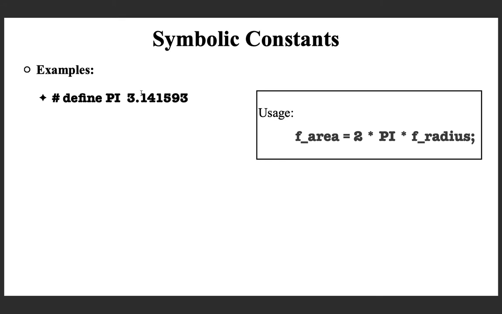Now, suppose you have used 3.56 as the value of pi, and later you identified that it's not. It's actually 3.14. Then what do you do? You have to go and find all the 75 places where you have used the value of pi as 3.56 and change it. In that process, maybe you miss some places.